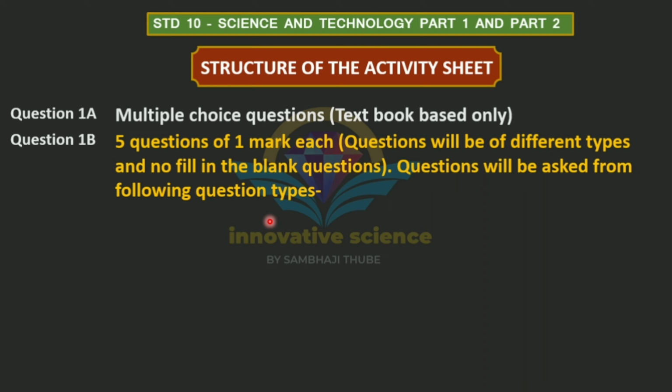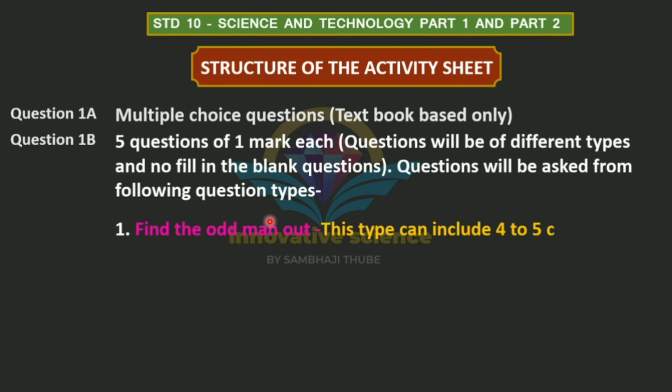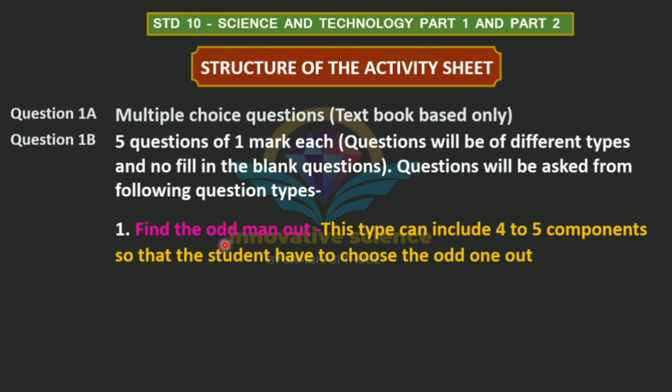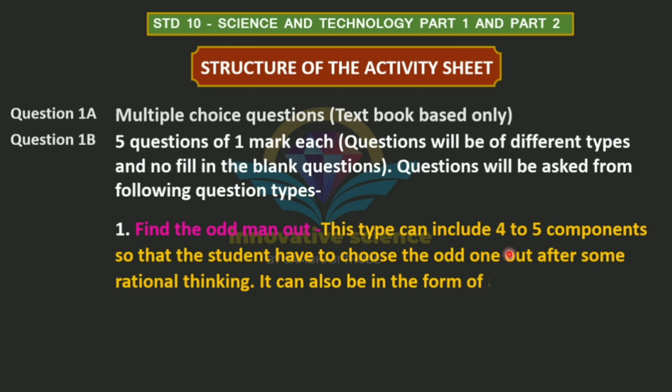In that, the first question type is find the odd man out. This type can include 4 to 5 components, so that the student has to choose the odd man out after some rational thinking.